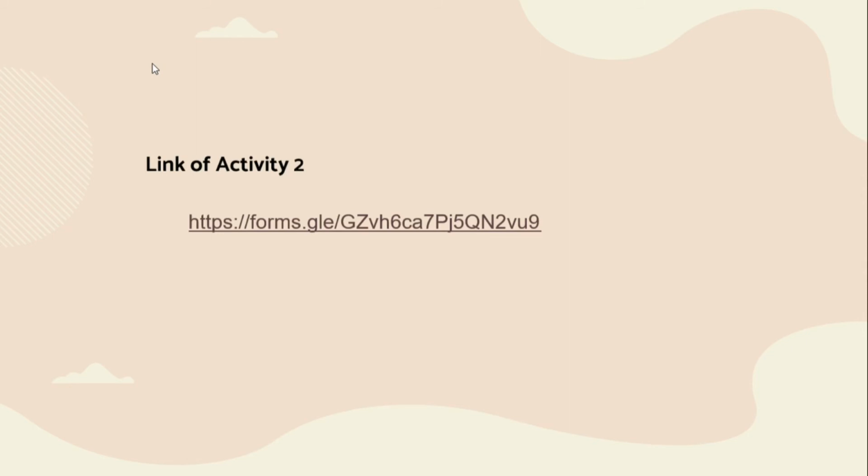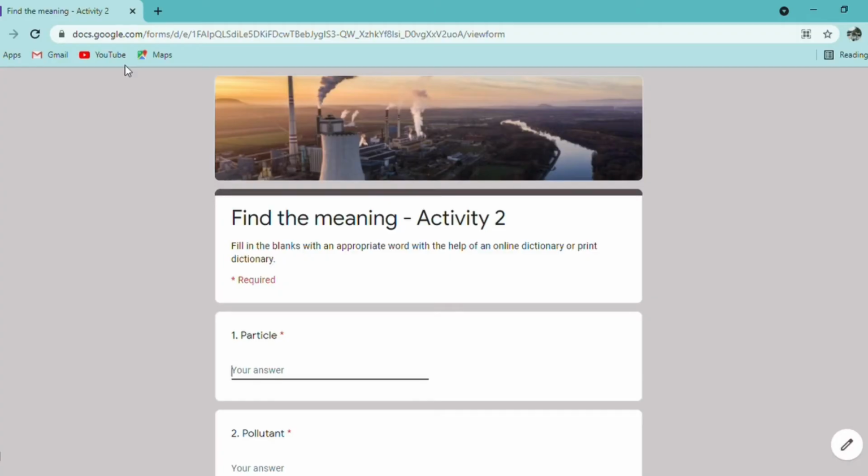Here is the link of activity 2. For activity 2, you need to write your answer in the Google form given to you. You need to click on the link and it will go to the Google Forms site. This is the Google form where you need to write your answer.